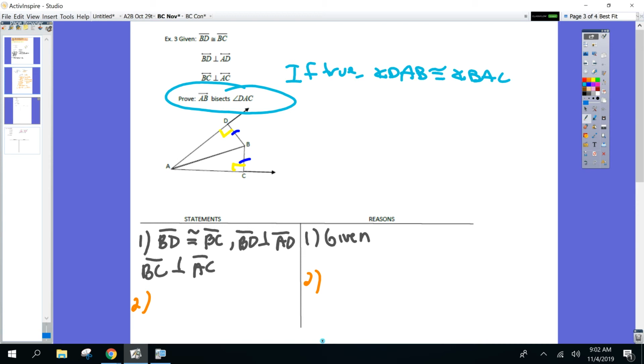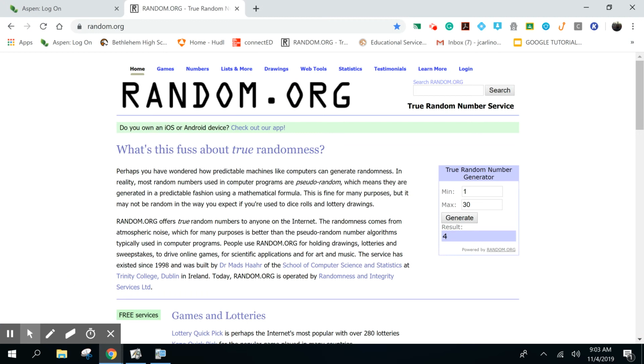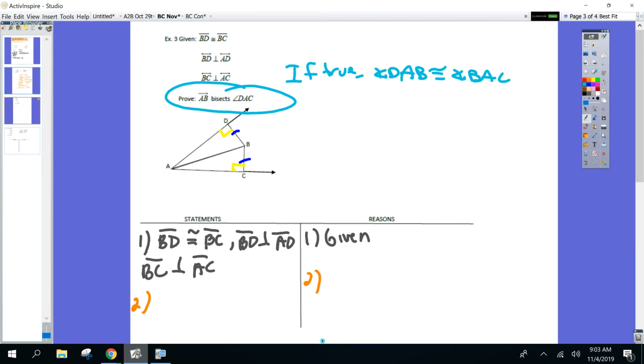What else you want to put on the diagram? Let's focus on the triangles first. What else can I put on the diagram? AB congruent to itself. I'll just throw it right in the proof now so we don't forget. Is that right angle in between the 2 sides?